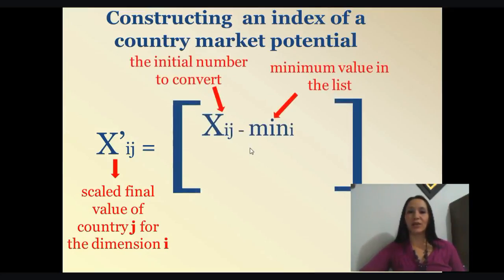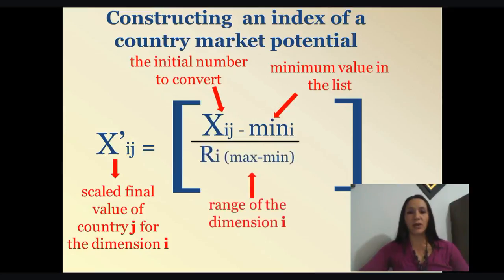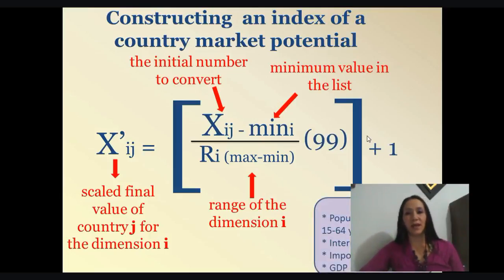We are going to do a calculation: the initial number, that is the number to convert, minus the minimum of the 10 countries, divided by the range, that is the maximum minus the minimum, all this times 99, and finally plus 1. So I use this equation when I have variables where the numbers are big numbers.